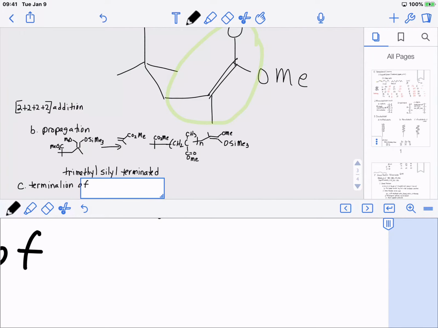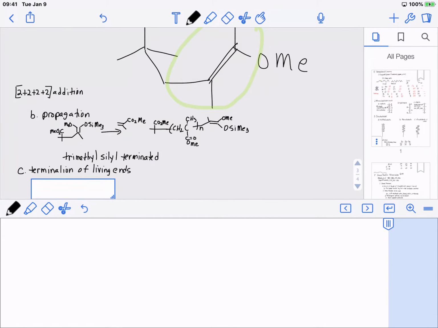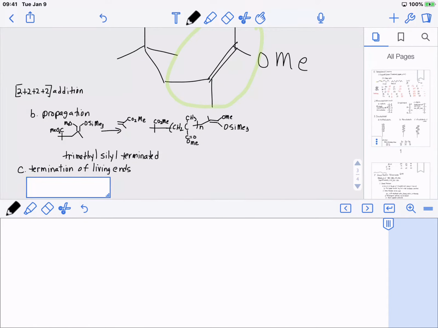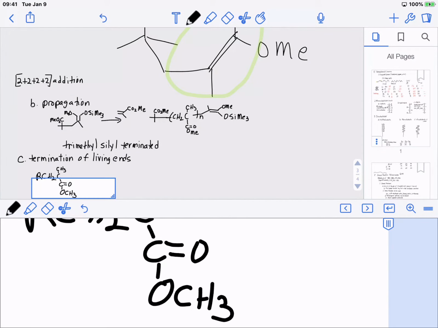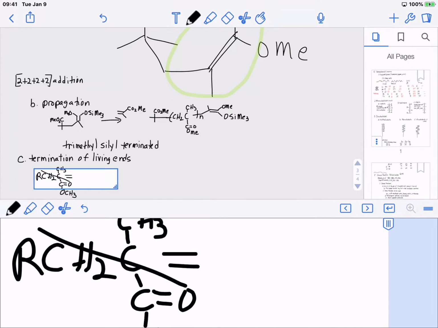So you get termination of the living ends, and you get, oops, I don't like what I just drew. Sorry. Let me just cross it out.